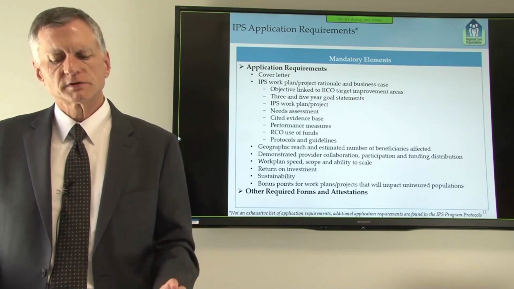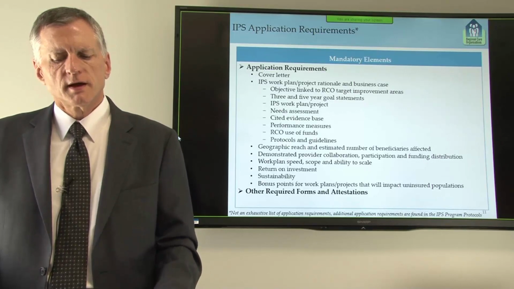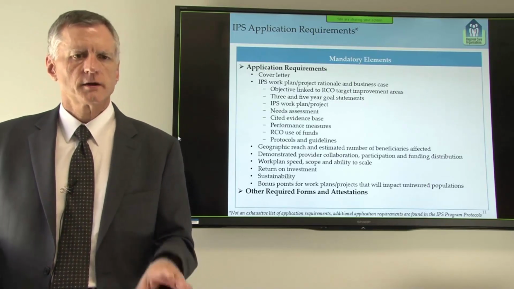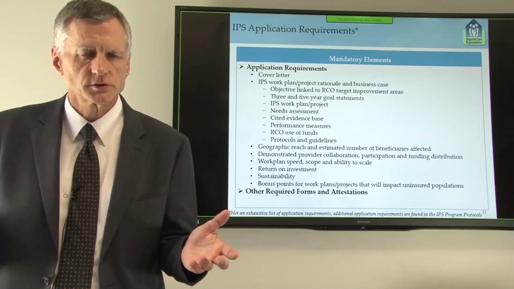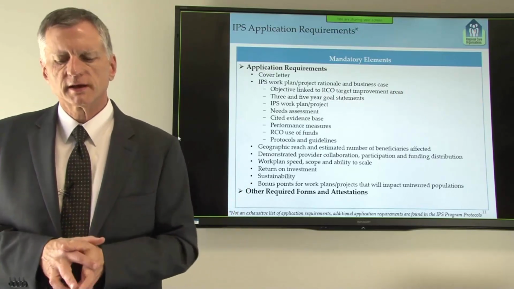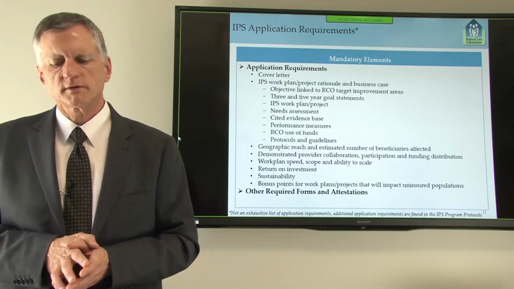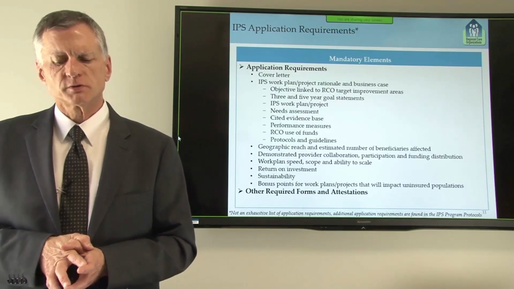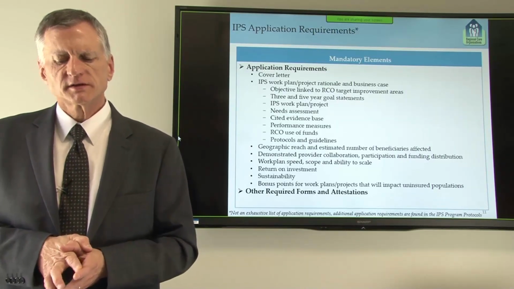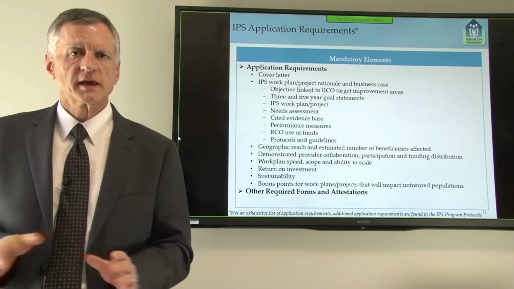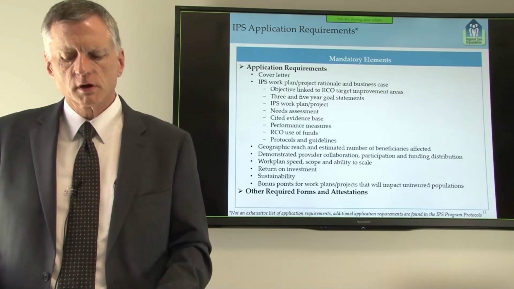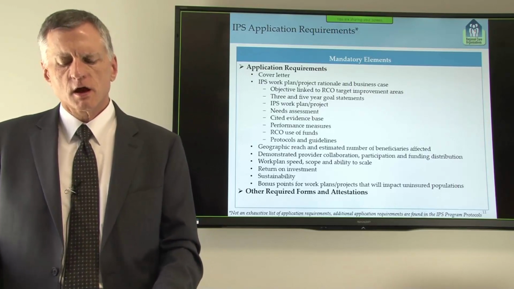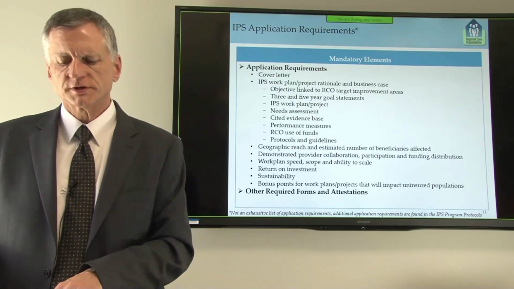There will be goal statements associated with this. A needs assessment. You know, how can you really show that there's a need for what you're discussing and what you're proposing? That has to be proposed as part of the application. It does mention the measures that would be associated with this, and then exactly how the funds would be handled and distributed from the RCO to providers and all of that, and an explanation of the overhead percentage and whatnot.